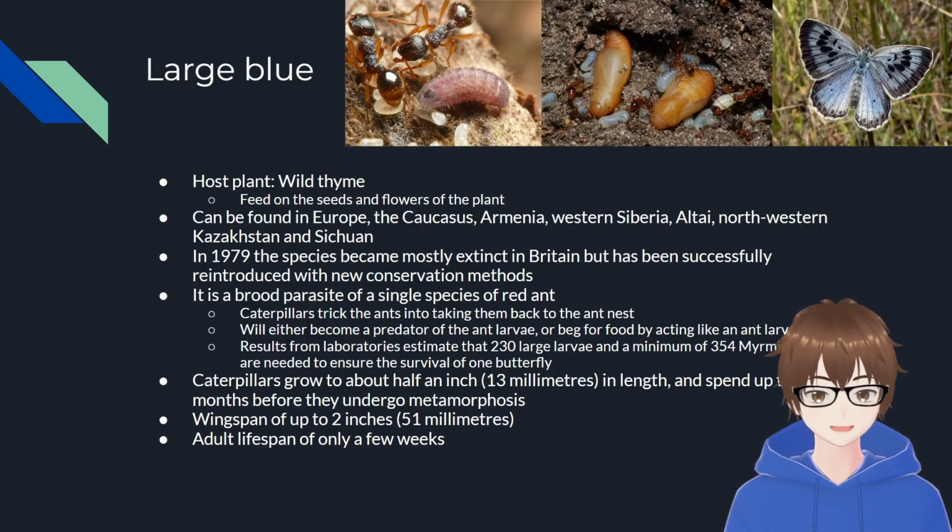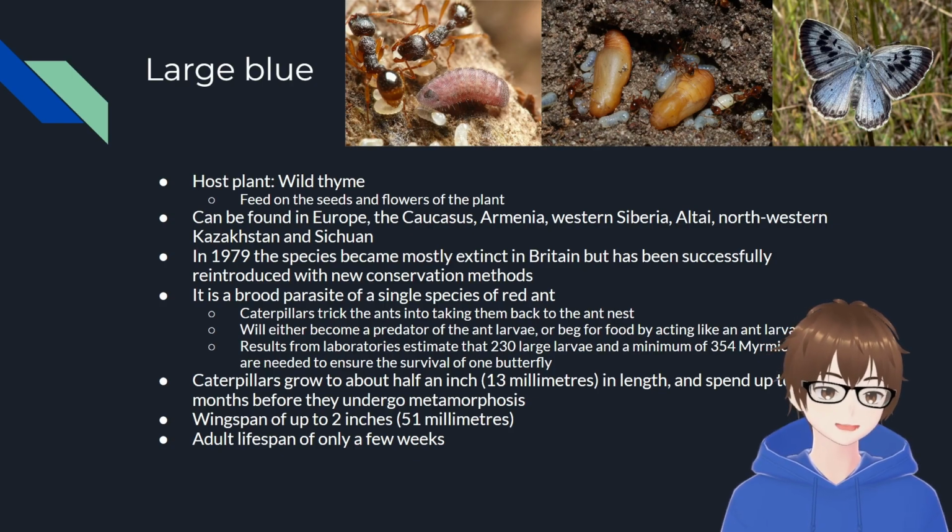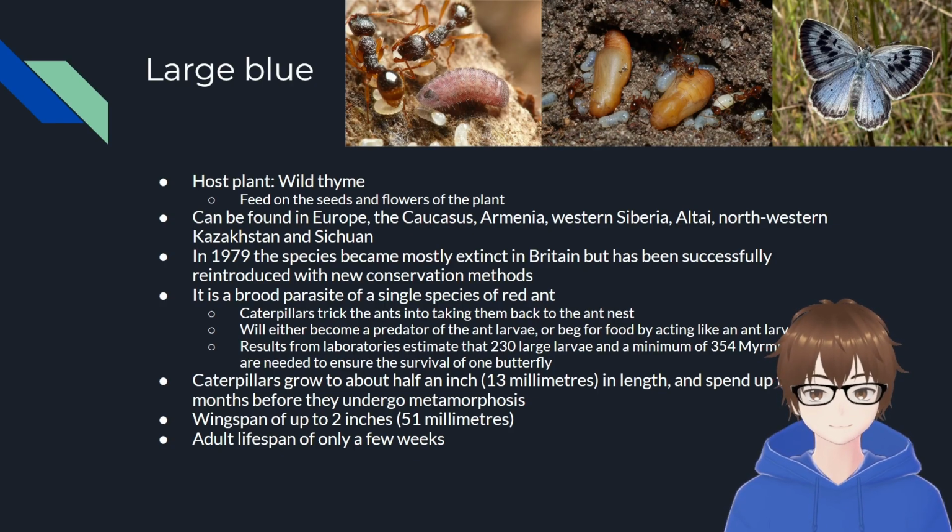So it's expected that the butterfly larvae, the caterpillar, would wait in the colony until another one moves in, or it would move to another colony, try to find another one, where it will then eat out that entire colony. So, pretty weird ant species, pretty weird caterpillar species, butterfly species, to say the least.